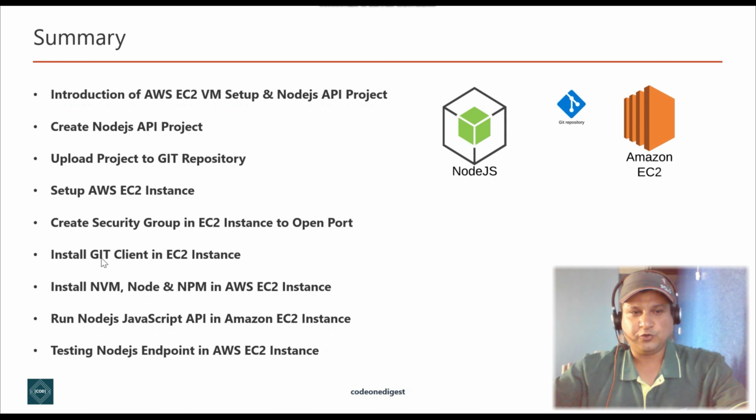Then I showed you how to install the Git client in an EC2 instance. Then I showed you how to install NVM, Node and NPM in the AWS EC2 instance. Finally, I showed you how to build and run the Node.js application in the AWS EC2 instance. And at the end, we tested those endpoints running in the EC2 instance on a Node server.